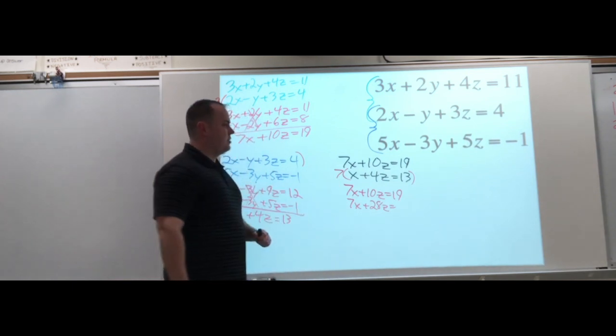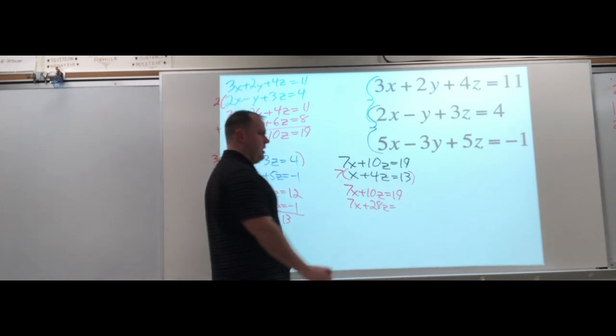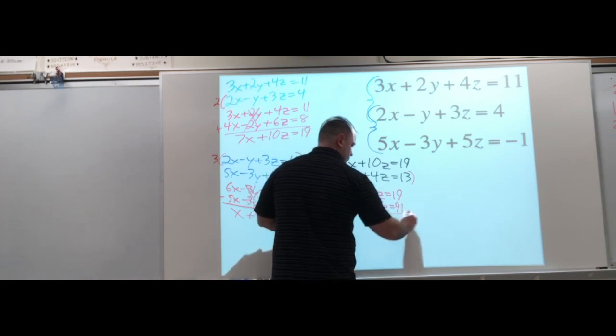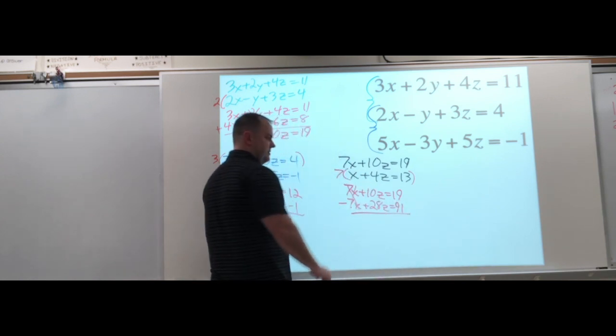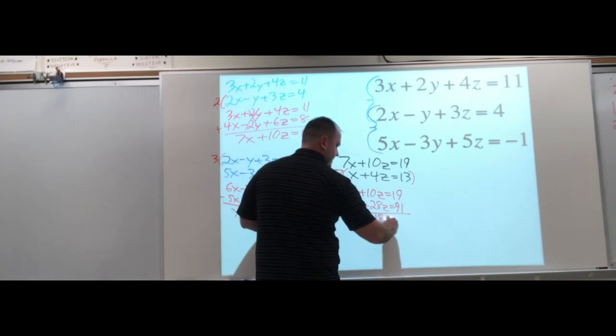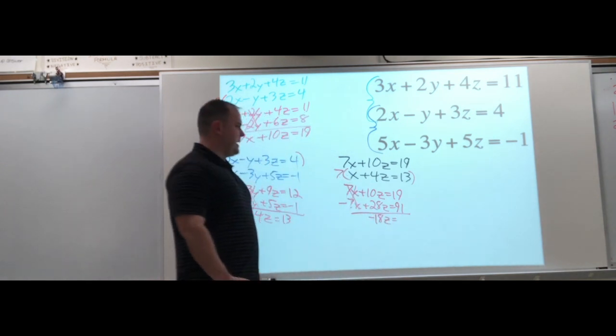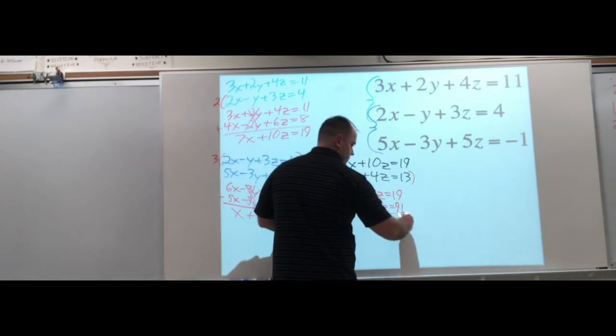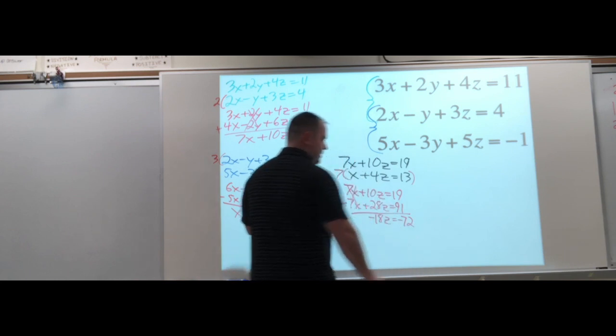Doing the math here, that should end up being 91. I'm going to subtract to make the x's cancel out. Negative 18z equals, that ends up being negative 72. All right.